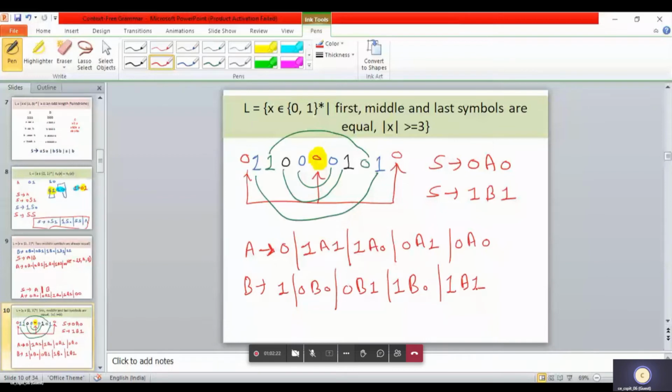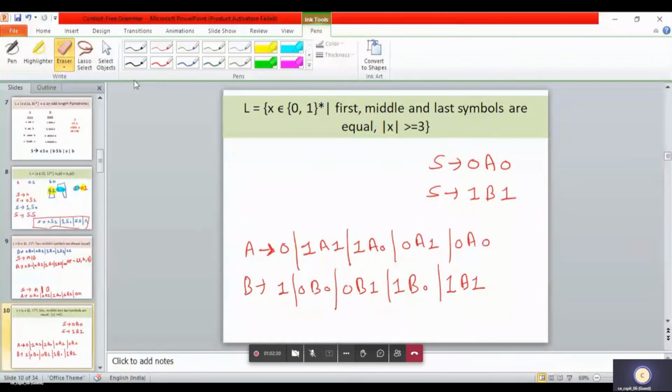So now using this grammar, I can derive the string. So let us derive any string using this grammar which we have generated. Let us start with S. Suppose you want to derive a string. Let us take a string 0 0 0, and here let us put 1 1. So first, middle and last equal.